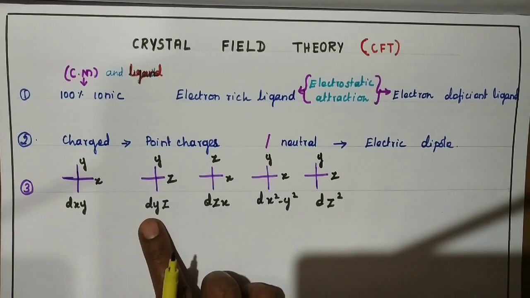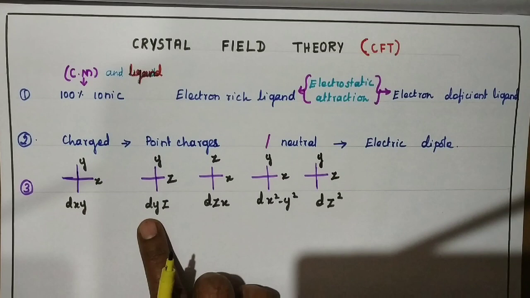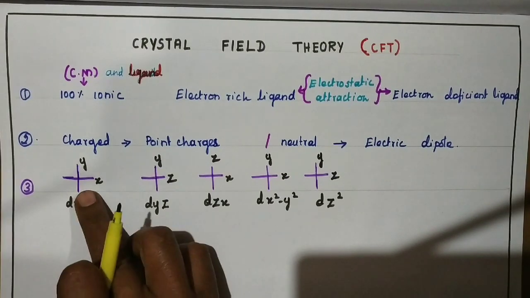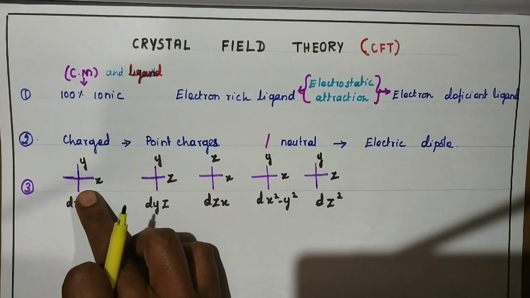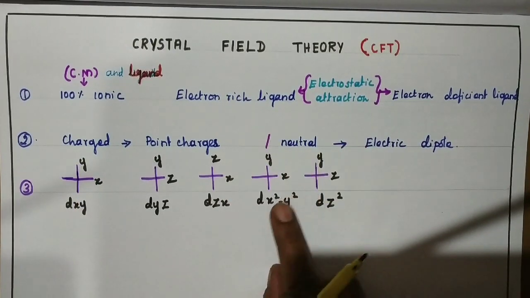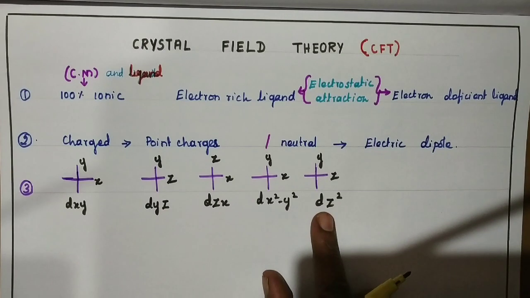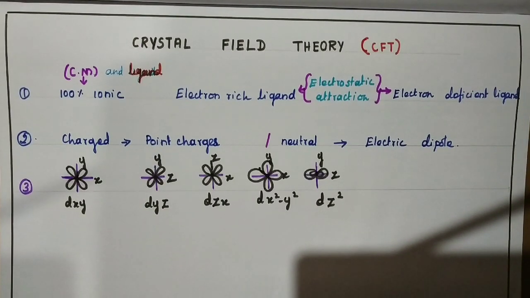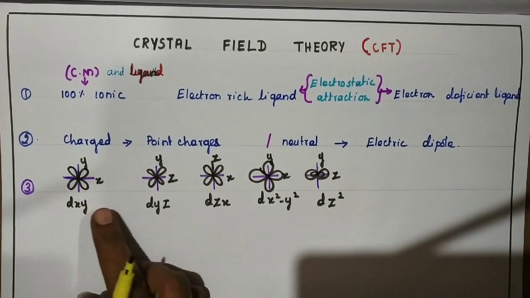In dxy, dyz and dxz, the lobes are lying between the axes. In dx square minus y square and dz square, the lobes are lying along the axes. Okay, this is the structure.